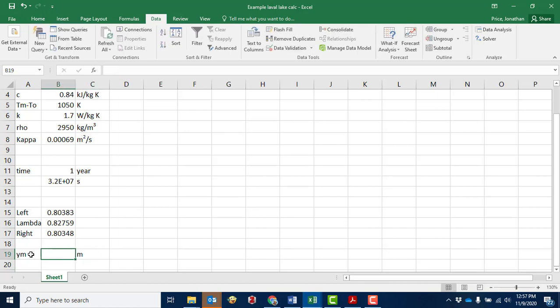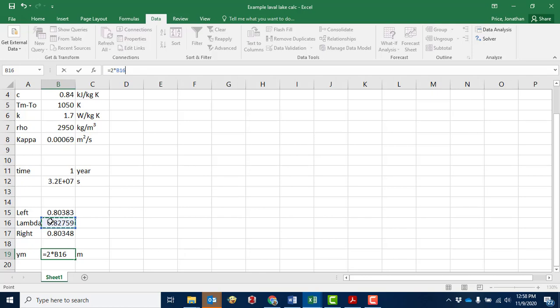We have kept everything nicely in the meter unit, so we're going to end up with meters when it's all said and done. And then Ym is going to be 2 times lambda, which we just calculated. So 2 times, okay, it helps if you put an equal sign before you start typing things in. 2 times lambda, right there.